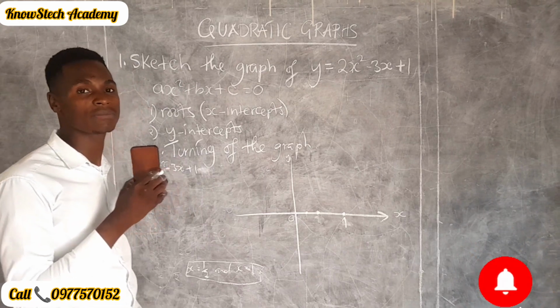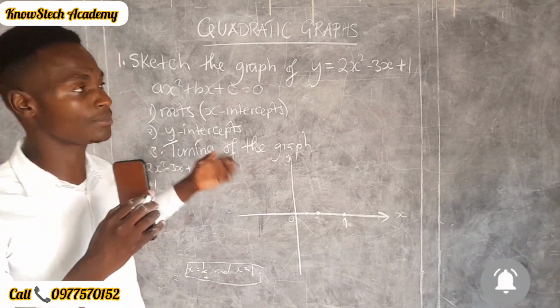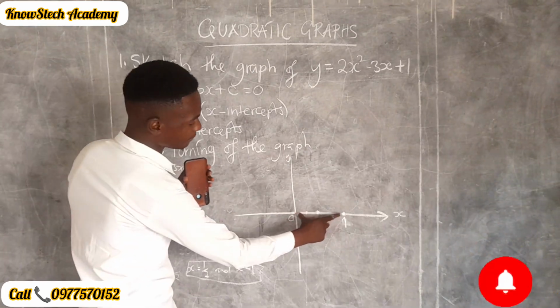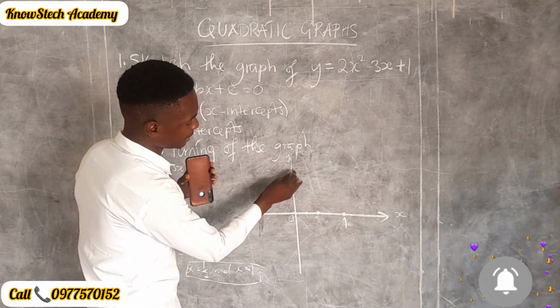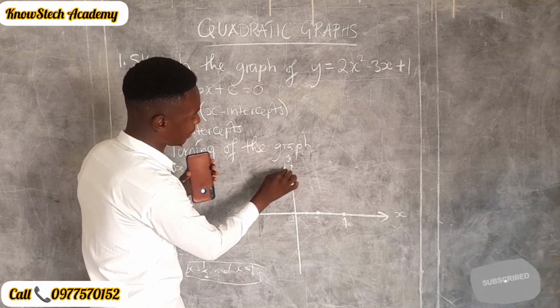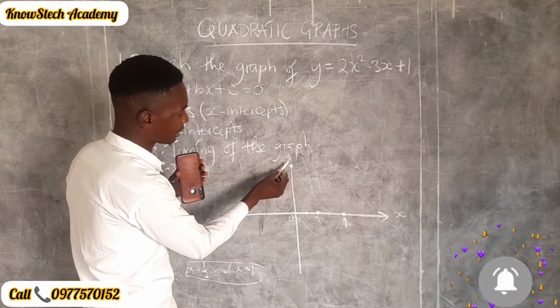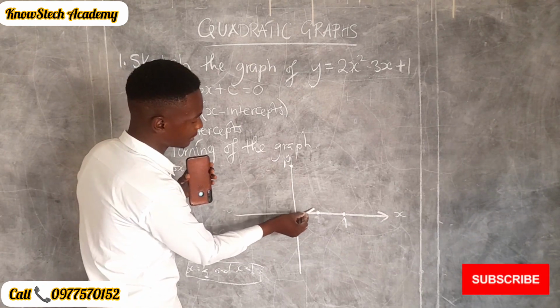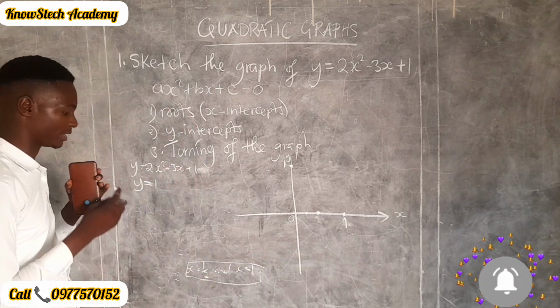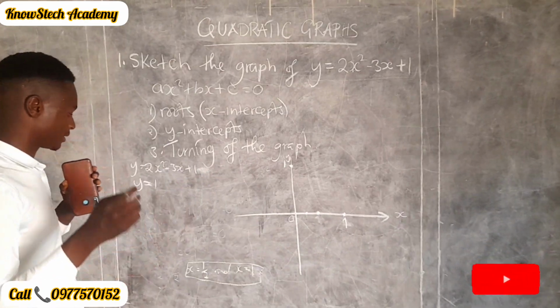But for the x-intercept, you need to factorize first before you find that one. So also if we've used this scale, then even here, this should be the 1. So our graph will pass through here and here, but we don't know where it's turning. That's why we need to find the turning point.